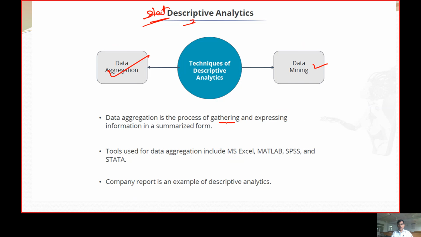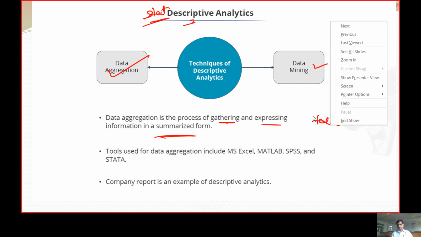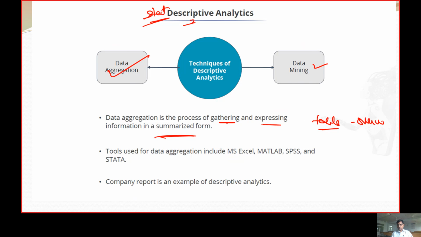It is the process of gathering and expressing information in summarized forms, such as tables, etc. We get a quick summary and an overview with some statistical operations. To do those statistical operations, it relies on tools like Microsoft Excel, MATLAB, SPSS (Statistical Package for the Social Sciences), and Stata, some of which are proprietary software.